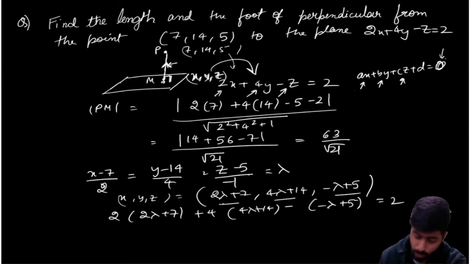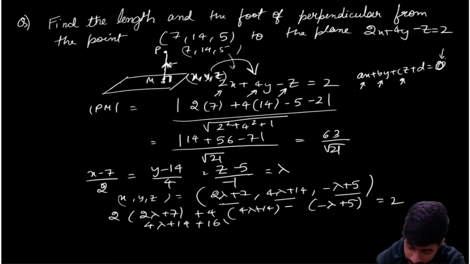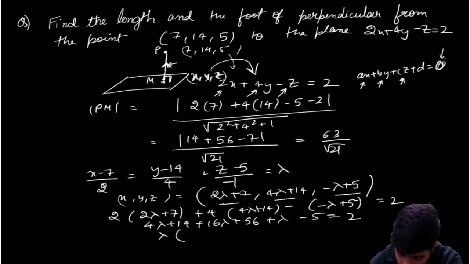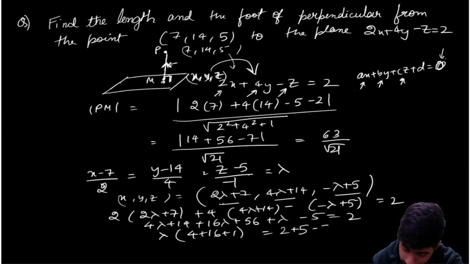This has to be equal to 2. So I have 4 lambda plus 14 plus 16 lambda plus 56 plus lambda minus 5 is equals to 2. Now collecting the coefficients of lambda, which is 4 plus 16 plus 1, and sending all the constants to that side, I have 2 plus 5 minus 56 minus 14.